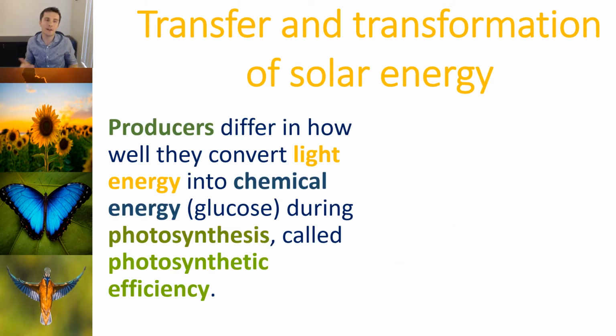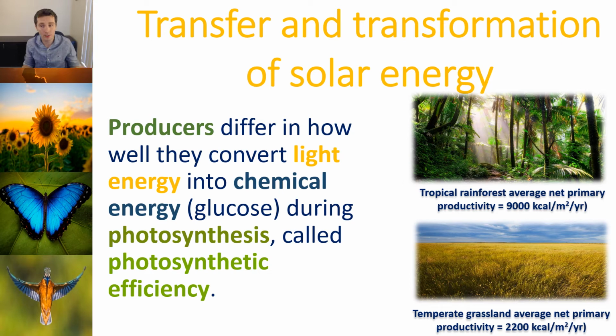Now producers differ in how well they convert light energy. Some producers can convert light energy to glucose really efficiently, so into that chemical energy during photosynthesis. Others can't. How efficient these producers are, we call photosynthetic efficiency. If we look at a couple of examples, and these are the units of photosynthetic efficiency, kilocalories per meter squared per year, a tropical rainforest has an average net productivity, which we'll talk about in a second, of 9,000, while a temperate grassland has an average net productivity of 2,200.